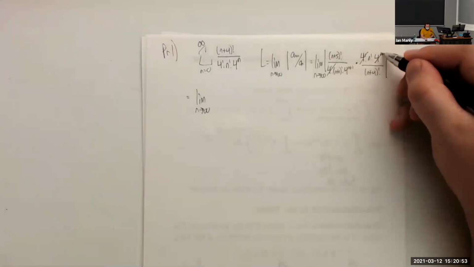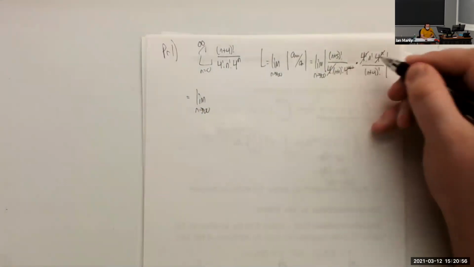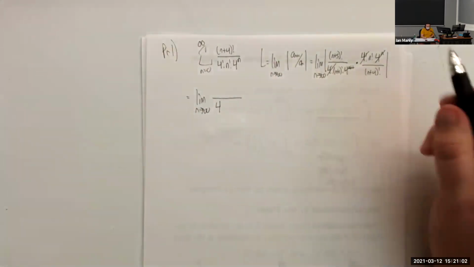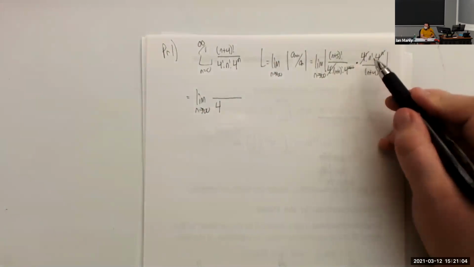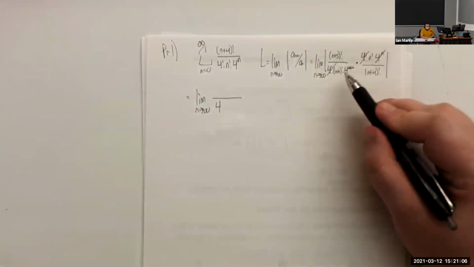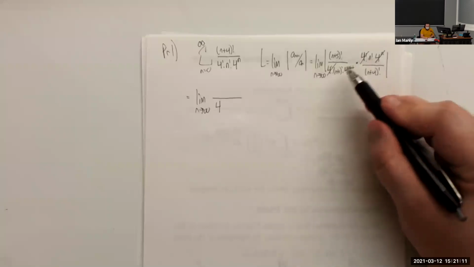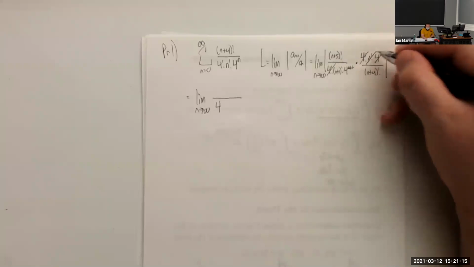We saw how exponentials cancel out. We have one copy of the higher power, and that's going to be in our denominator, so we're going to have a 4. We already saw how n factorial and n plus 1 factorial canceled in the previous problem. The n factorial entirely goes away, and we're just left with an n plus 1.